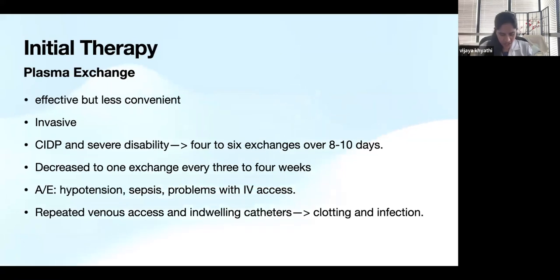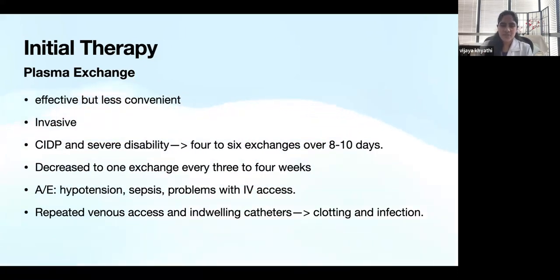Plasma exchange is one of the effective treatments, but it is less convenient compared to IV immunoglobulin, as the patient has to undergo multiple injections. It is usually given in CIDP patients with severe disability, for about 4 to 6 exchanges over 8 to 10 days.